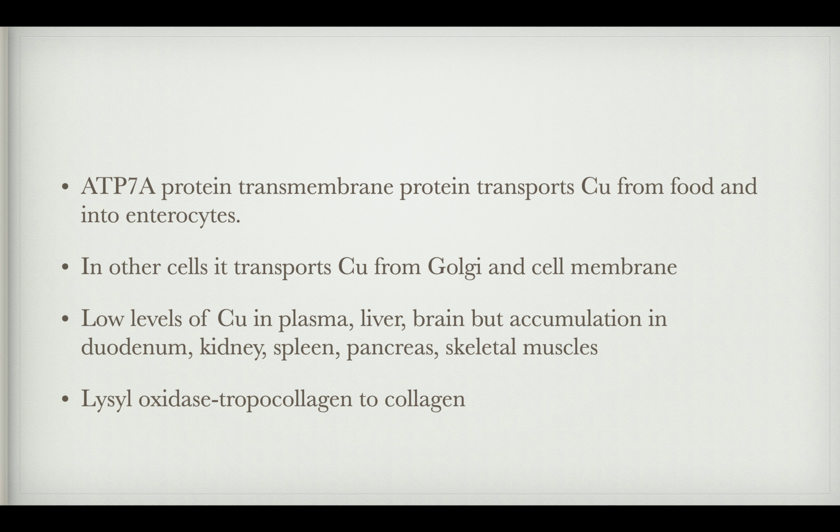See, it regulates intracellular copper levels, and it will cause low levels of copper in the plasma, the brain, and the liver, but paradoxically it will accumulate in the duodenum, the kidney, the spleen, pancreas, and the skeletal muscle. And like I said before, it affects collagen production, and specifically lysyl oxidase, the enzyme that converts tropocollagen to collagen.